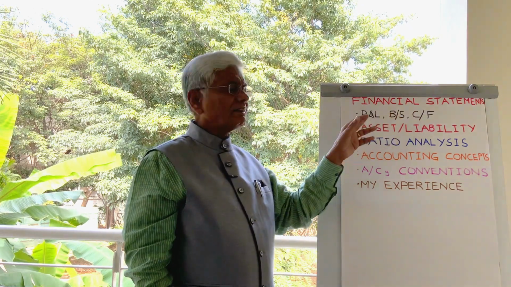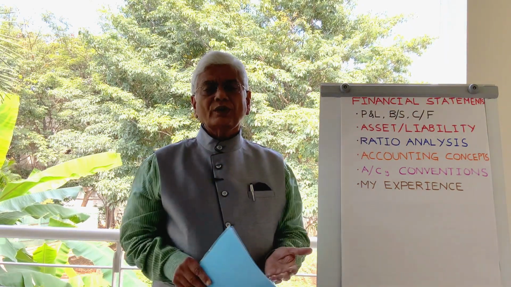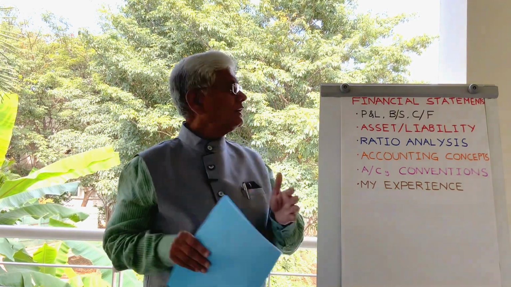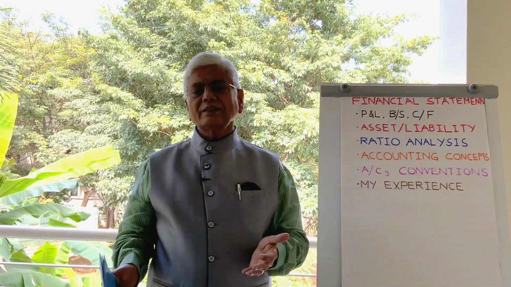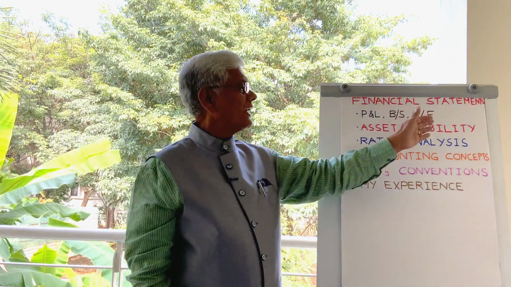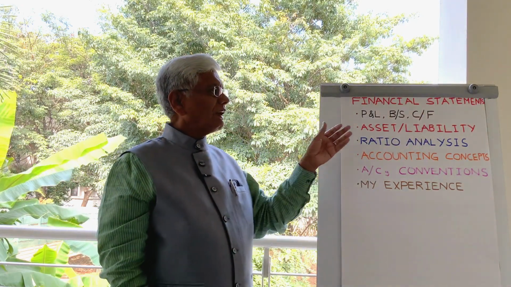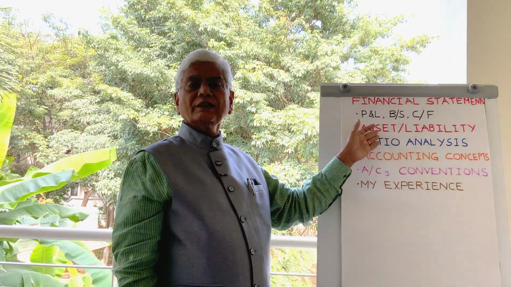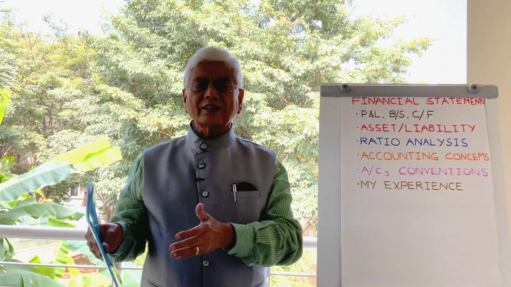In balance sheet, since it tells you what you own and what you owe as on a particular date, what you own is called an asset and what you owe is called a liability. Now, there are assets which are called fixed assets, and assets called current assets.